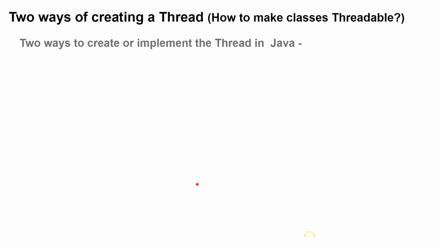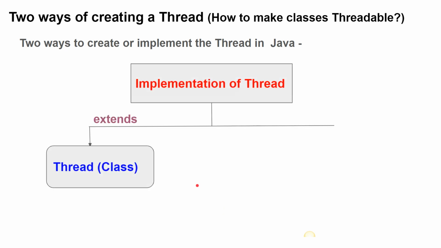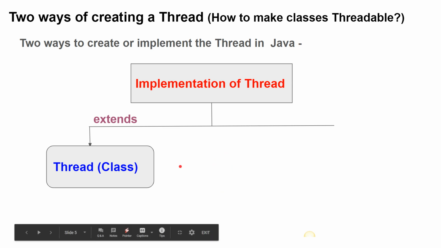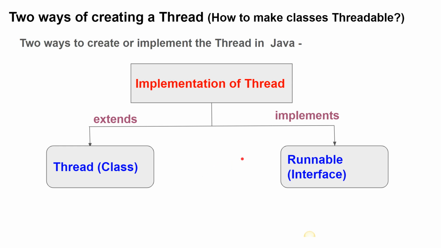There are two ways to create or implement a thread in Java. What is the first one? The first way is by extending Thread, that is, by making use of the extends keyword and the Thread class. Thread is a class. The second way is by implementing the Runnable interface, using the implements keyword and the Runnable interface.